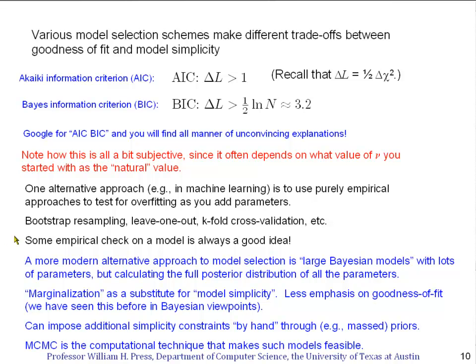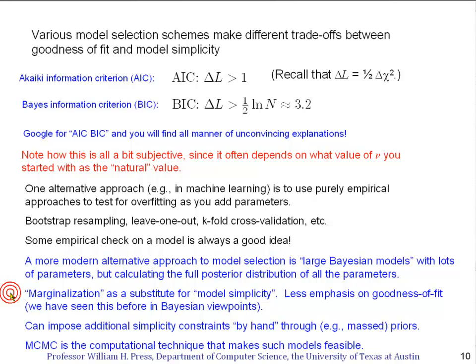Now, a more modern alternative approach to model selection is something that we can loosely call large Bayesian models with lots of parameters. The idea here is, let's just not worry about the number of parameters. Add all the parameters you think you need so that you may well be overfitting. But the defense against this is that we're going to calculate full posterior Bayesian distributions of all these parameters.